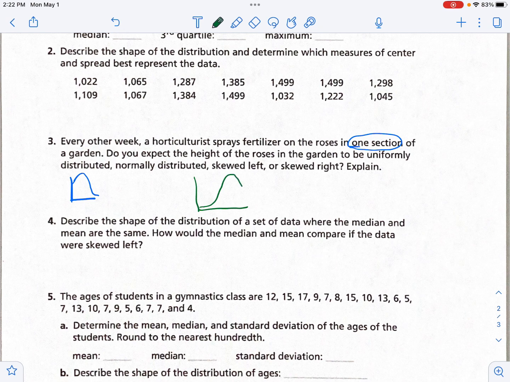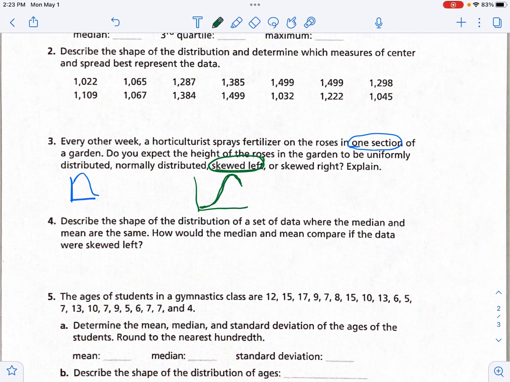So that's what this graph is going to look like. I know that's probably really hard to visualize, but you can think about it that way. The less the spray, the smaller. The more the spray, the taller, right? So this one is actually going to be a skewed left graph. Okay. Again, just go with me on that one. That one's a little bit harder to explain.